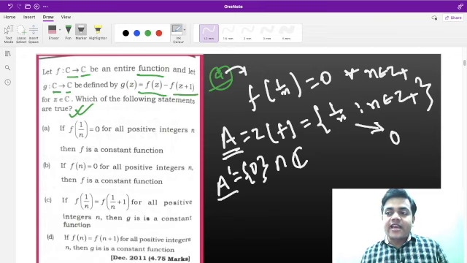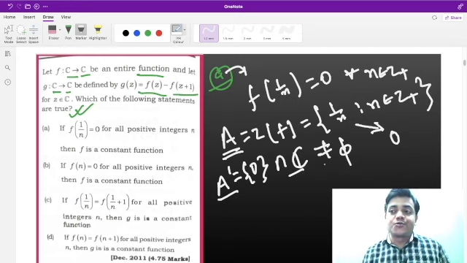So A dash intersection C is not equal to phi, and this enables you to say that your f is identically equal to 0.